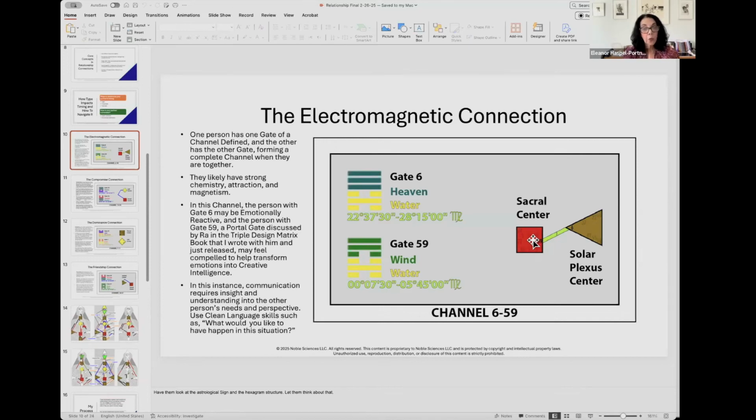In working on reports, I would recommend that you keep in mind that someone with the gate 59 is able to transform the energy of someone with gate 6. Those kinds of nuances are pretty important for you to learn in empowering couples to communicate and to communicate effectively.